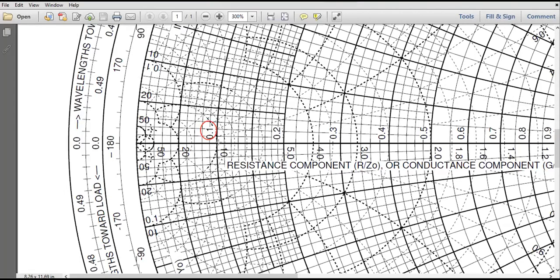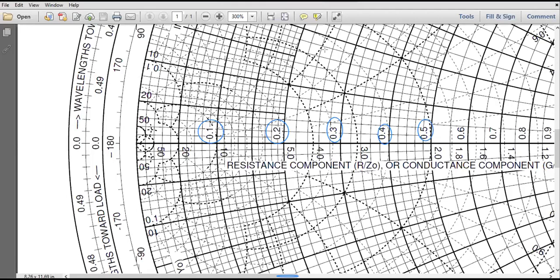I'll change the color. The blue one we have used for the Z: 0.1, 0.2, 0.3, 0.4. If you compare this with the previous chart, this 0.5 and so on. So these are your impedance values, impedance circles.